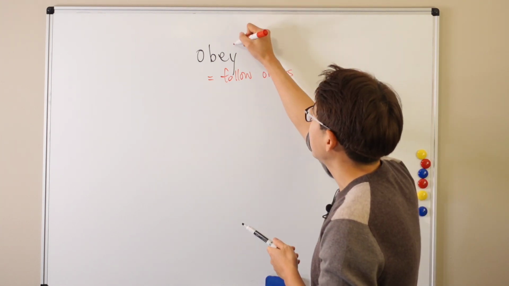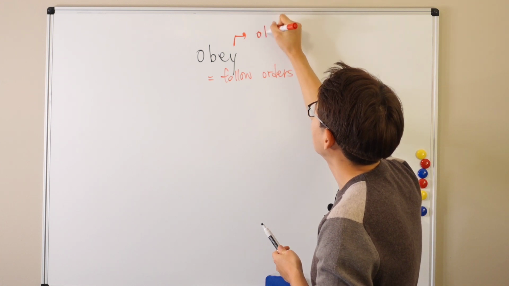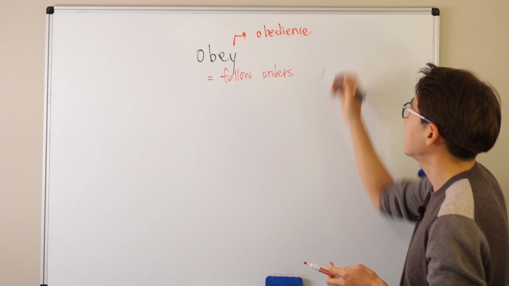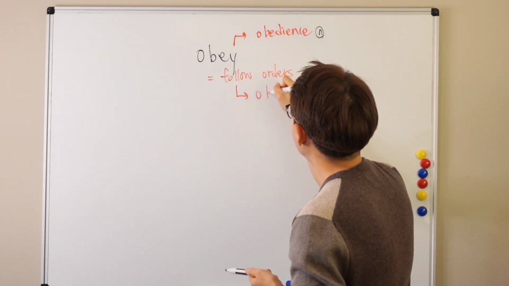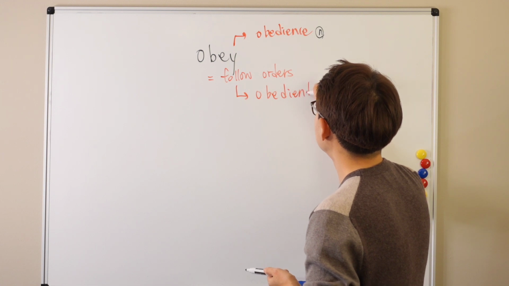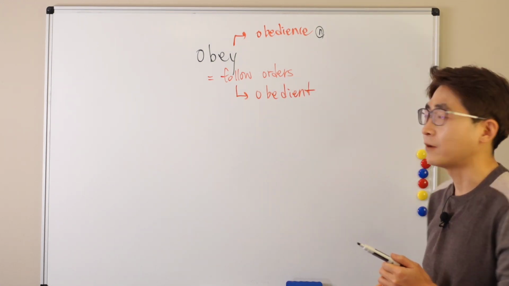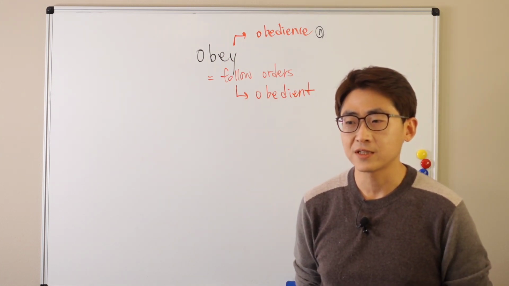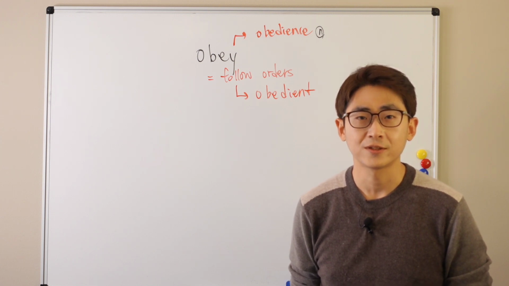And this one can take many different forms. For example, you can do obedience, and it becomes a noun. And you can also do obedient. So following orders very well. And we can give an example: as students, you must be obedient to your teachers.